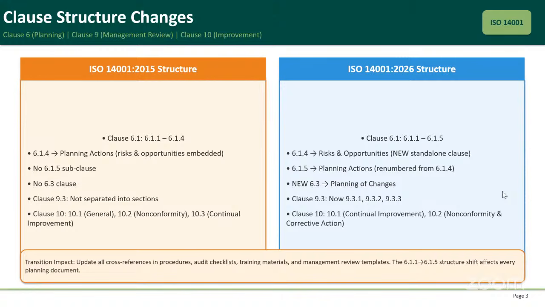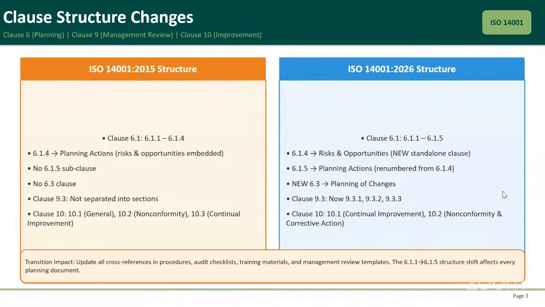The only difference now in this clause 6.1 is that there is a new clause introduced, which is the 6.1.5. Clause 6.1 is now extended to 5 subclauses instead of 4. Before it was 6.1.1, 6.1.2, 6.1.3, and 6.1.4.